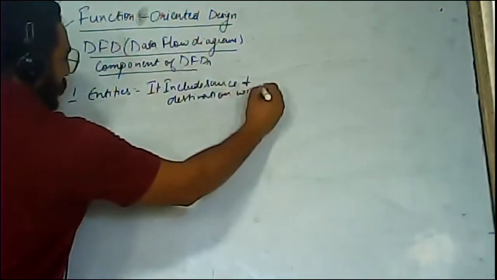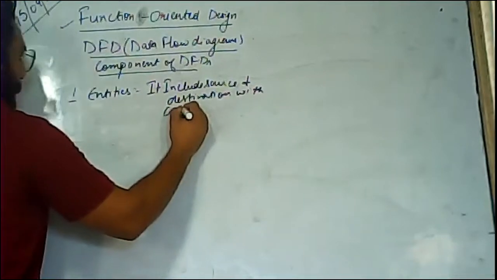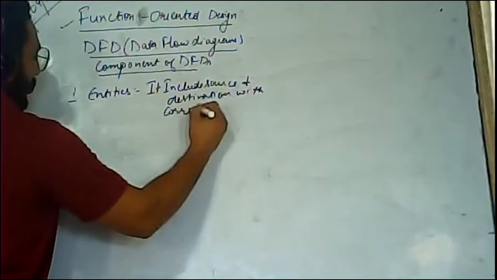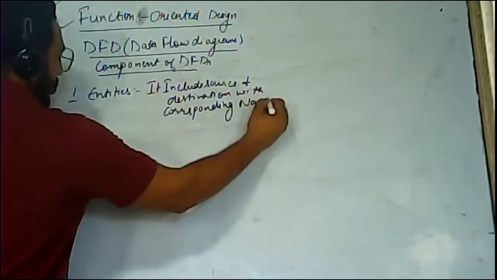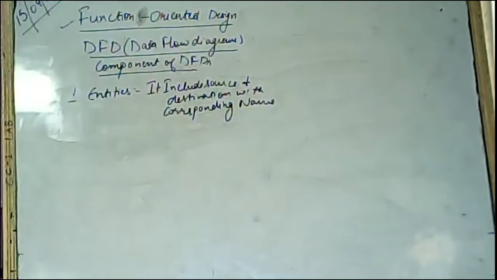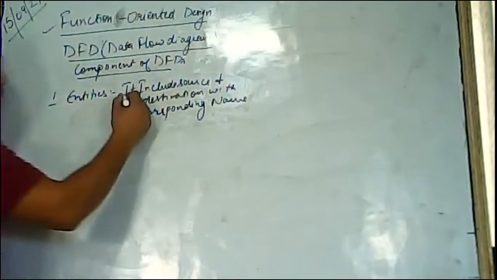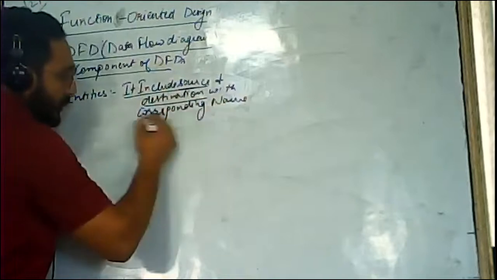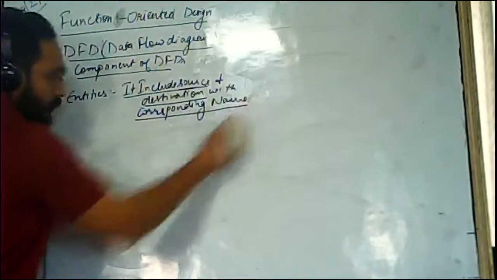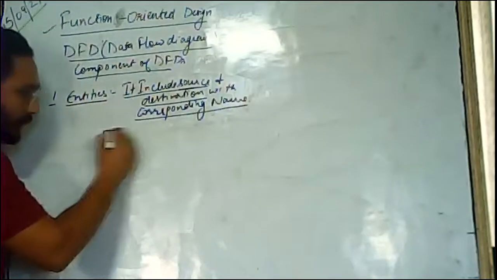It includes your source and destination with their corresponding name. It is denoted by a rectangle.